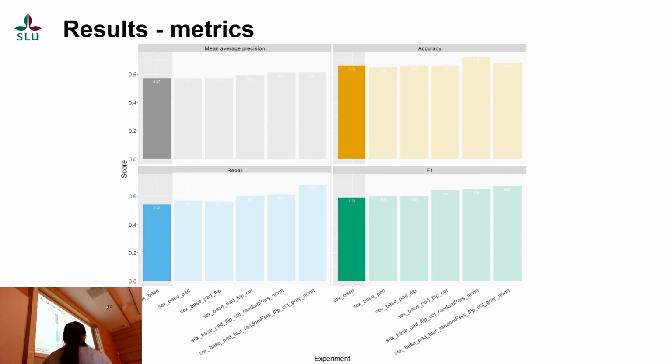What you see here are different metrics: the mean average precision is 0.57, 0.66 for the accuracy, recall 0.45, sorry, I can't read it, and 0.59 for the F1 score.